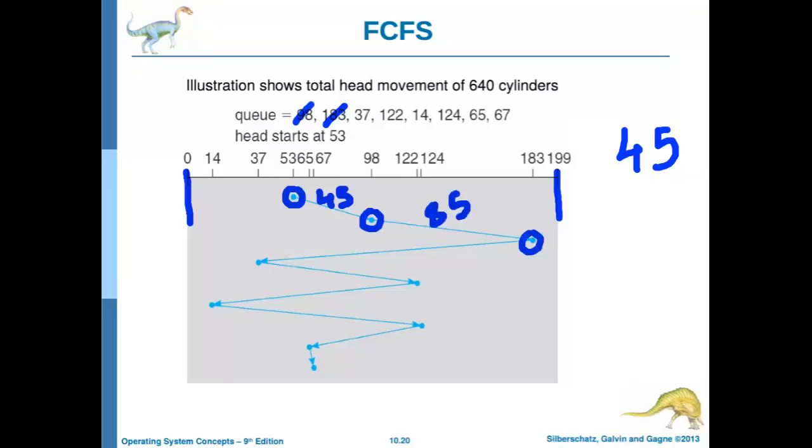Next is 37. So from 183 down to 37, the number of cylinders you need to cross is 183 minus 37, and that gives me 146. Is everybody getting it? It's a simple subtraction I am doing.